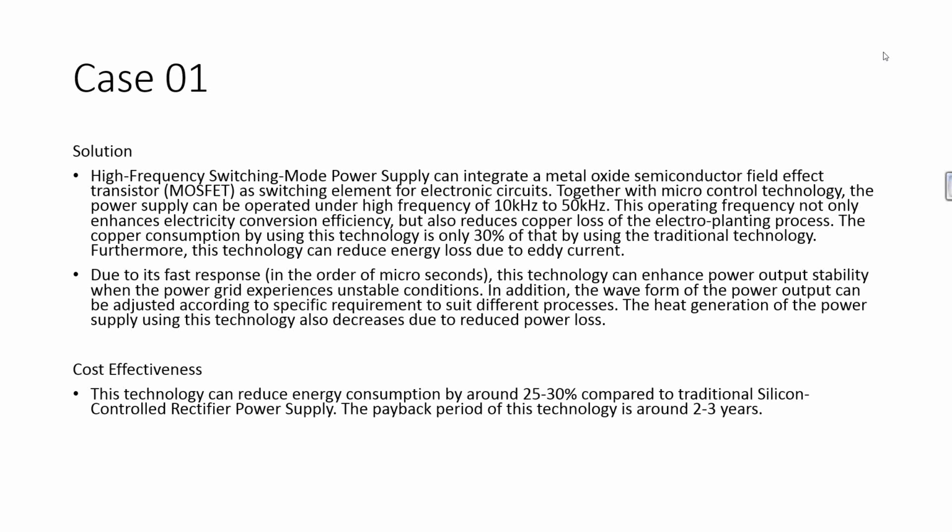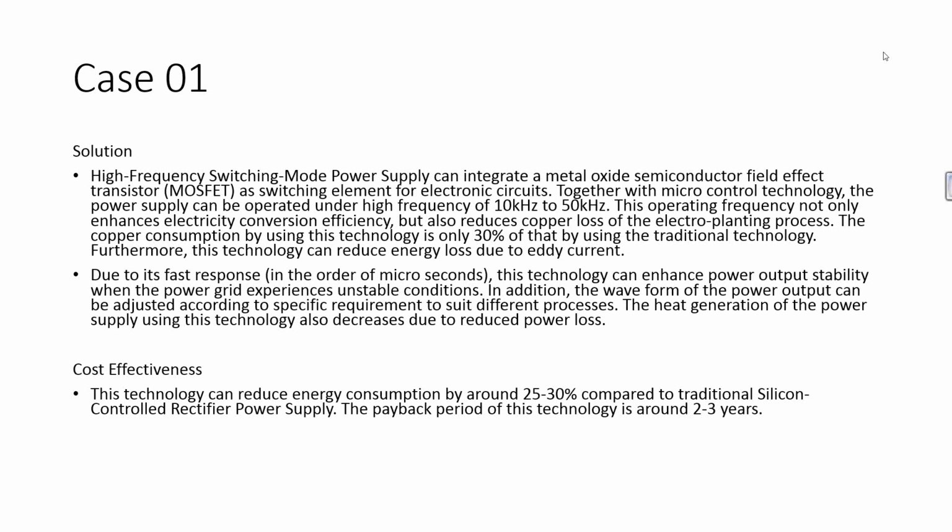The copper consumption by using this technology is only 30% of that by using traditional technology. Furthermore, this technology can reduce energy loss due to eddy current, due to its fast response in the order of microseconds.